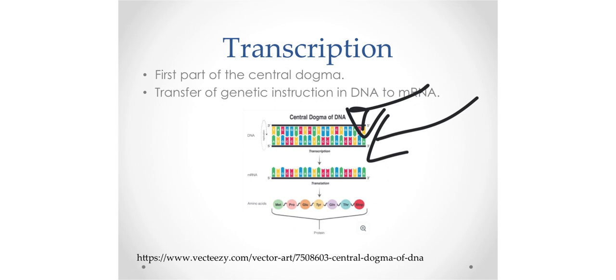In your notes, you'll see that I have a lot more information on how this is done. But I want you to understand that we have to read the DNA sequence in order to create that RNA sequence. And remember, DNA is stuck in the nucleus. It's not going anywhere. So we have to figure out how to get the information.